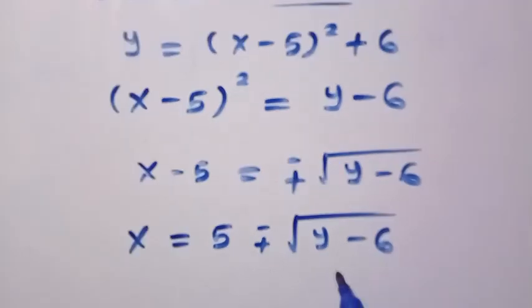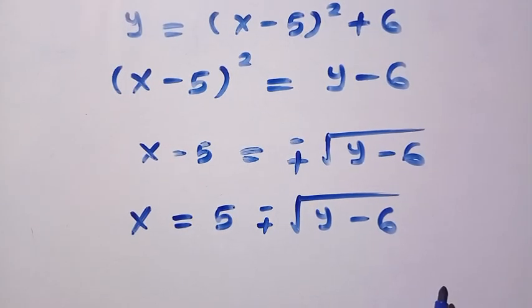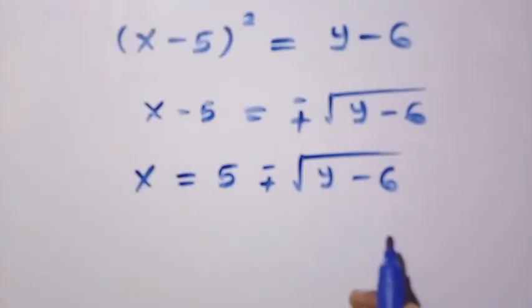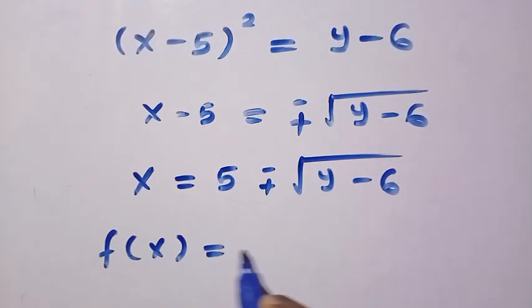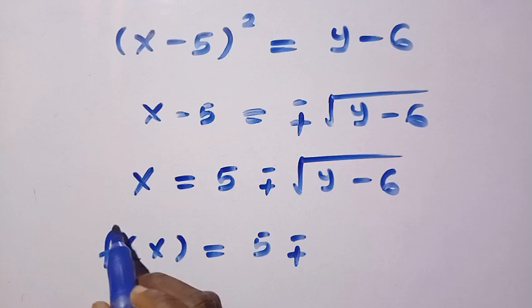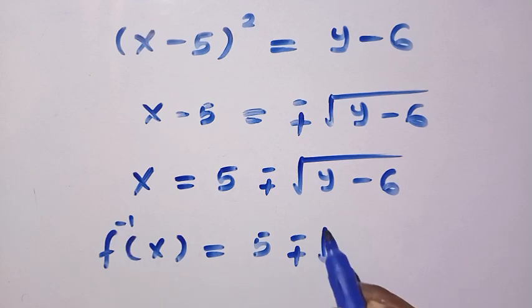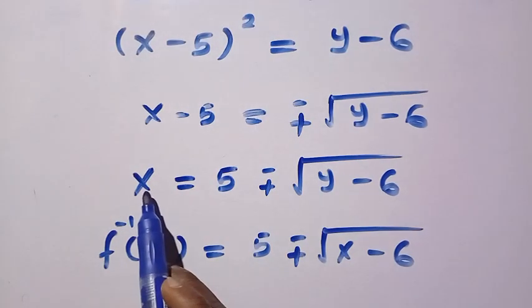So at this stage, let's switch x and y here. By switching x and y, we are going to have f inverse of x equals 5 plus or minus the square root of x minus 6, because we let x be f inverse of y before.